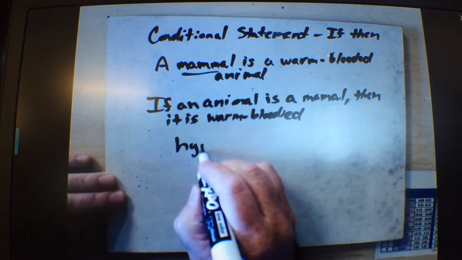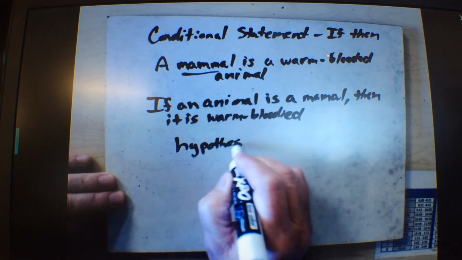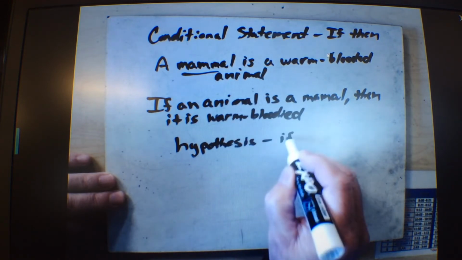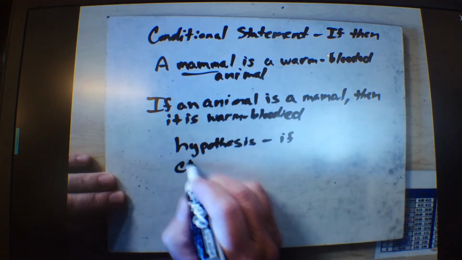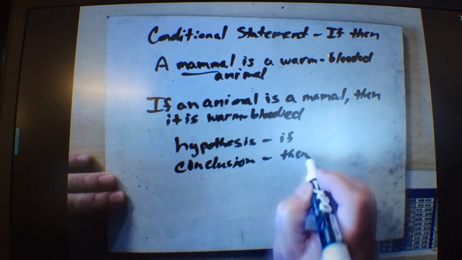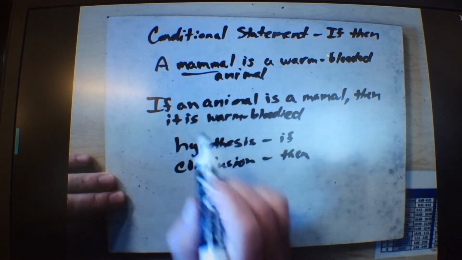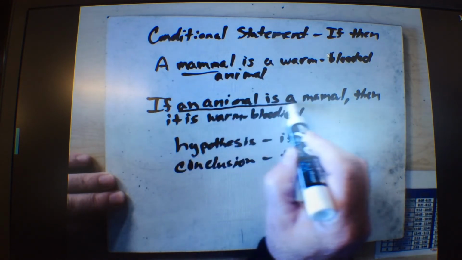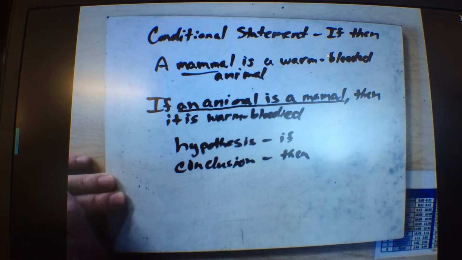This has what we call a hypothesis, and this is the if. And it also has a conclusion, which is the then. So the hypothesis, I'm going to underline it once: an animal is a mammal.